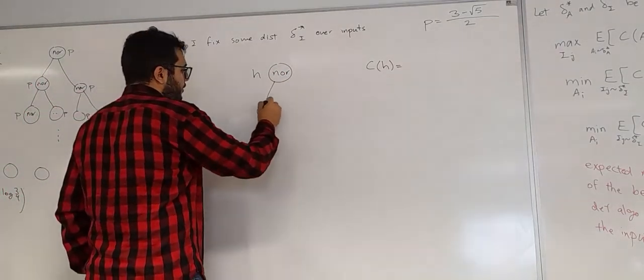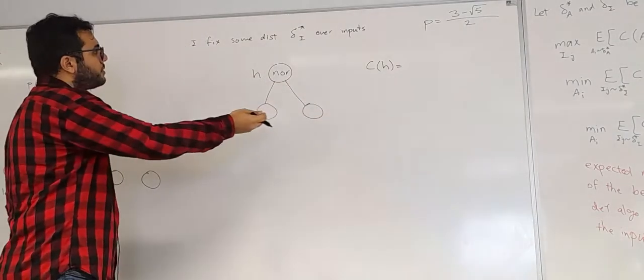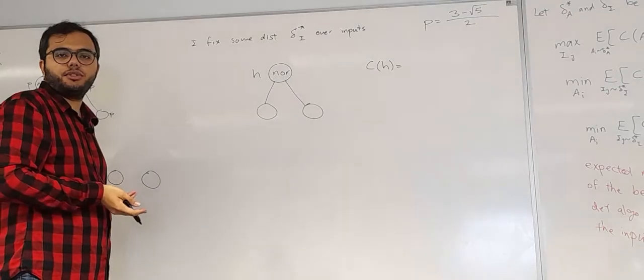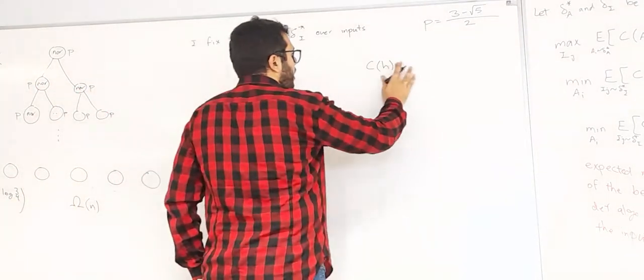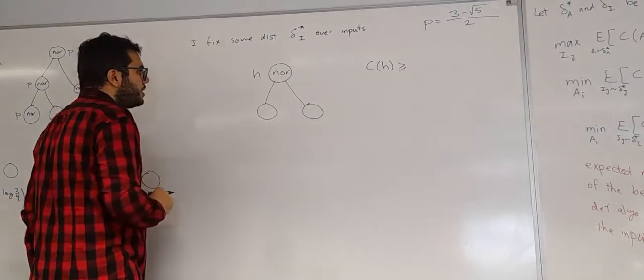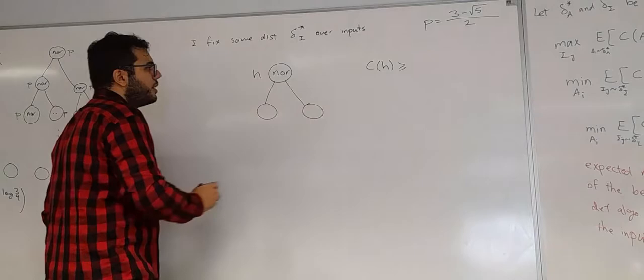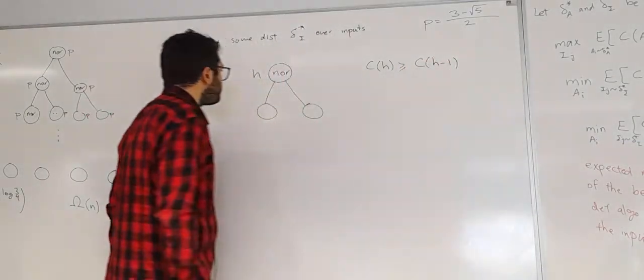It goes to one of its children first, and we don't know which one because we don't know which deterministic algorithm we're using, but in any case, I just want to find the bound here. It goes to one of its children and evaluates that one. That's going to take a cost of C of h minus 1.